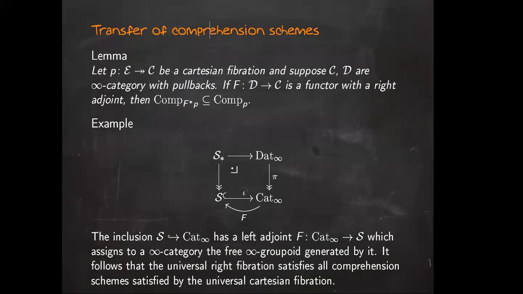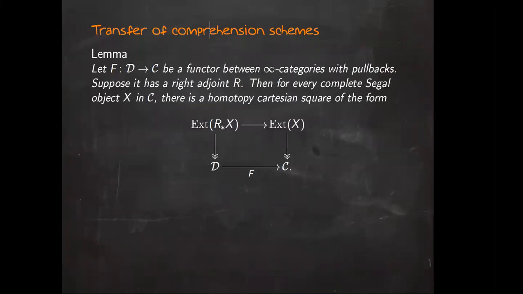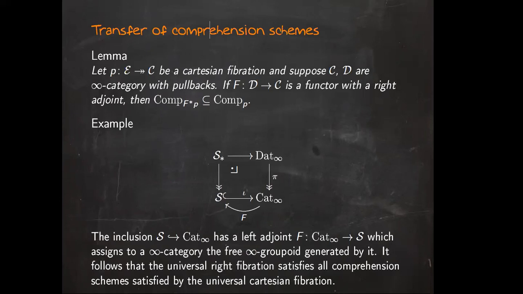Now, if we op everything, this inclusion has a right adjoint. F op is a right adjoint to I op. And so this means that the universal right fibration satisfies all comprehension schemes that the universal Cartesian fibration satisfies. So in particular, it is also small and locally small, right?